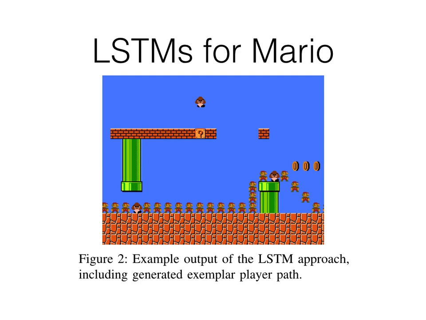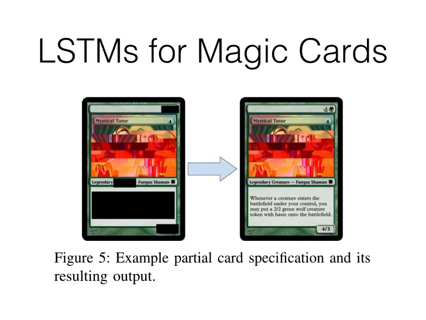Using this, he fed LSTM networks this way, and then prompted them to create new levels, and got really, really good results. So better than the ones we had using the n-grams, which was sort of expected, but it's still nice to see. LSTMs can also be used for actual text. So here we have a magic card, a newly generated magic card.